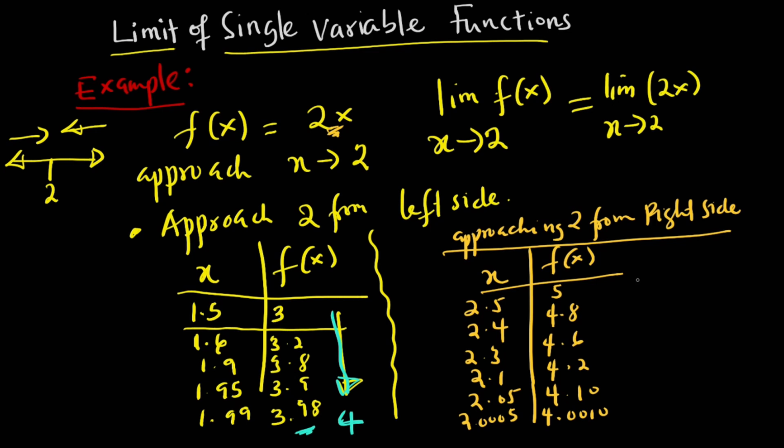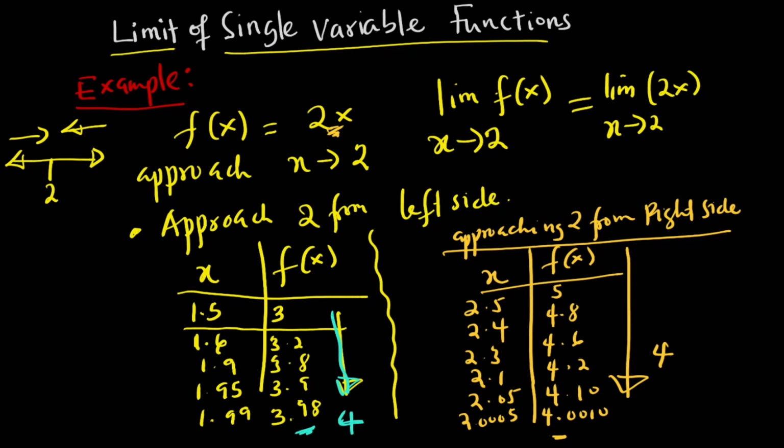And we realize that in this case too, as we approach 2 from the right side, from 2.5 down to 2.0005, we end up approaching a certain number. In this case, it looks as if we are approaching 4 again. As we decrease from 5, we went to 4.8 up to 4.0010. So it's understandable that we won't get any lesser than that.